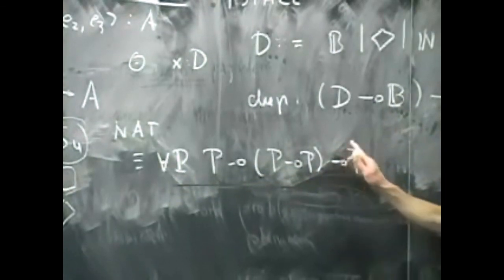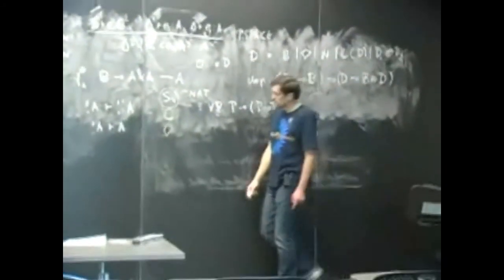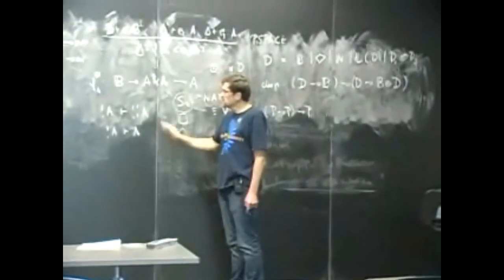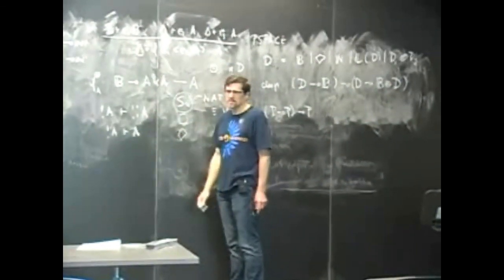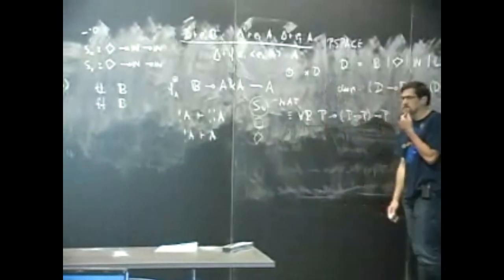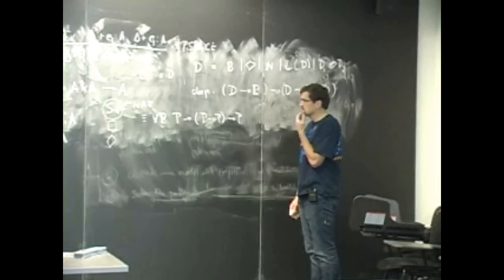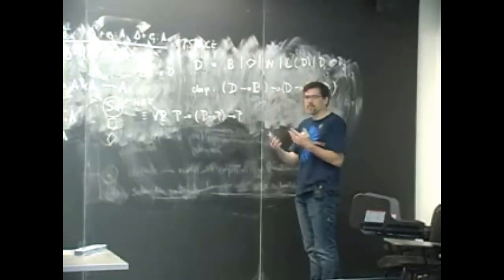And then you have to think about where you have to put bangs in order to make these things work. There's some leeway in which structural laws you have associated with bang, and different fragments give you different power of computation.